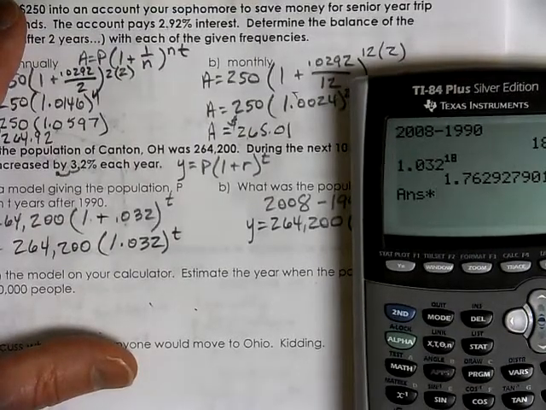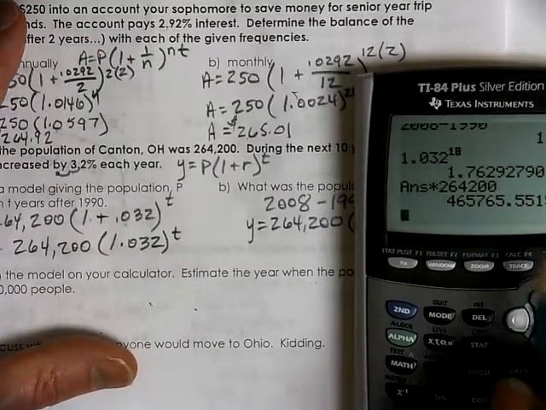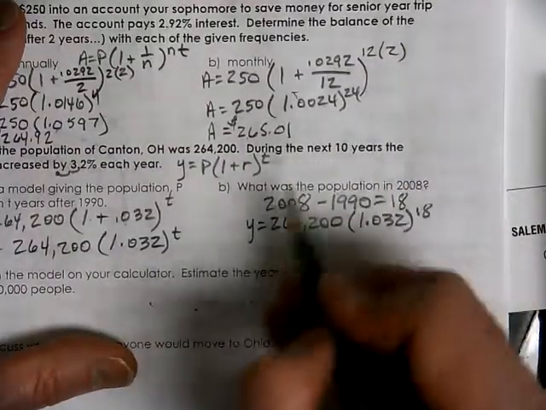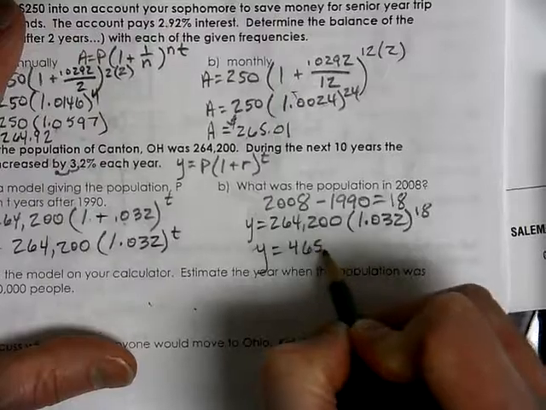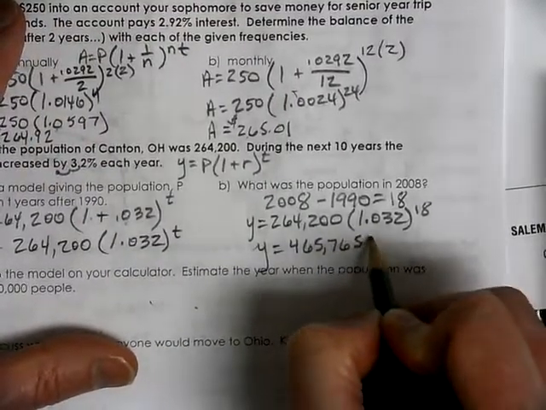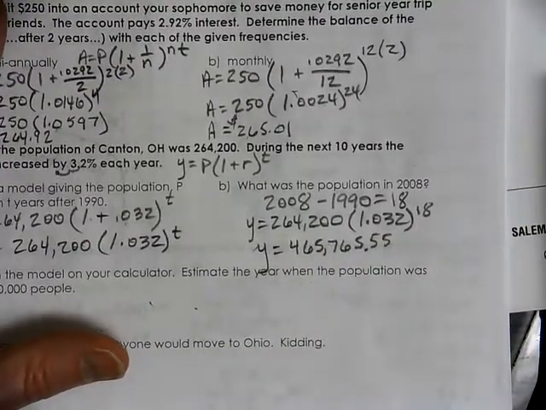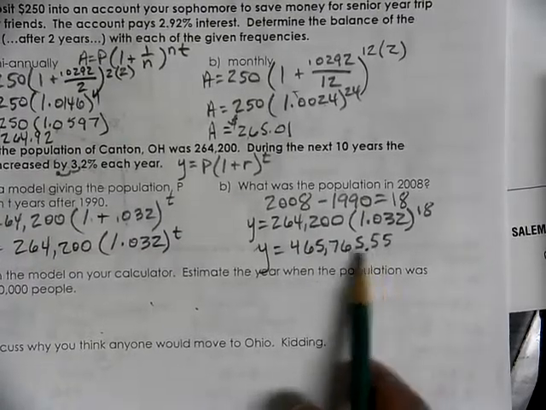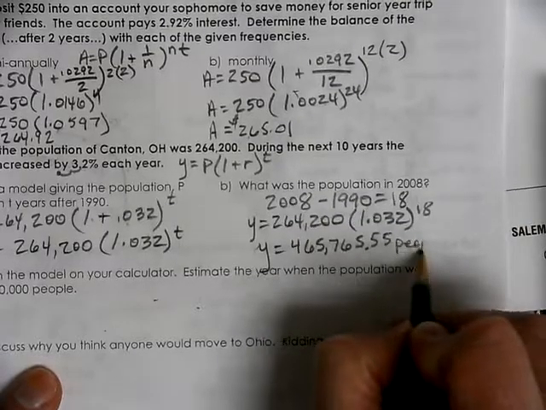And we have 465,765. That would be a flood of new people. Okay? If it scares you to have a decimal version, you could round that. But this is people.